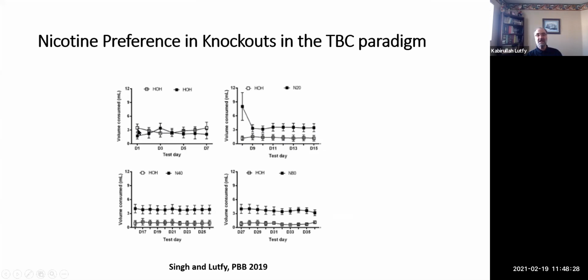And then you can see that compared to here, the water side, they don't go to the water side that much, they don't drink as much, but they basically measure the nicotine. And then if you increase the concentration of nicotine, that preference doesn't change at all.